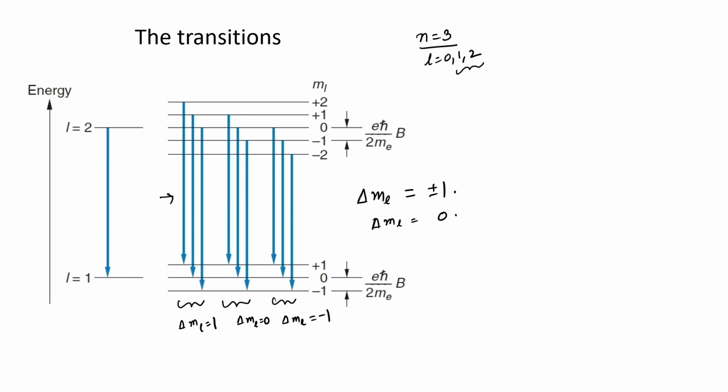So, these 9 transitions will be seen, and what you have is also that the energy or the frequencies associated can be found out. So, there are 3 distinct transition energies.